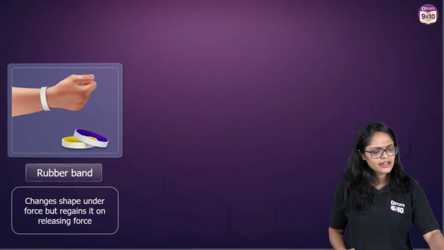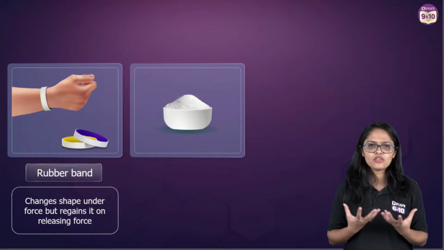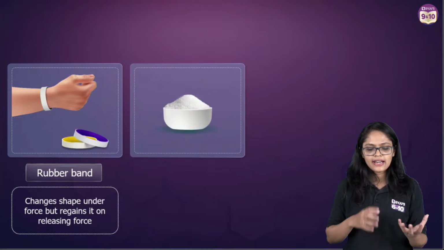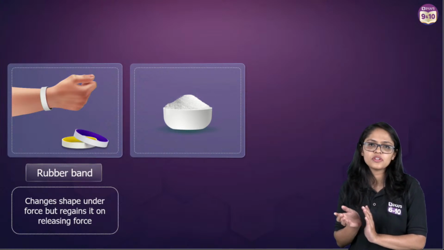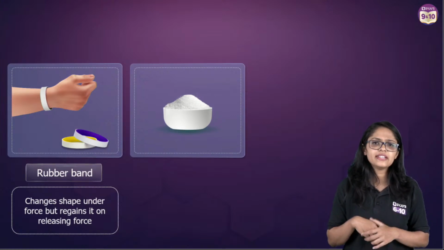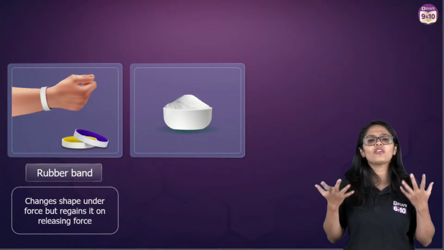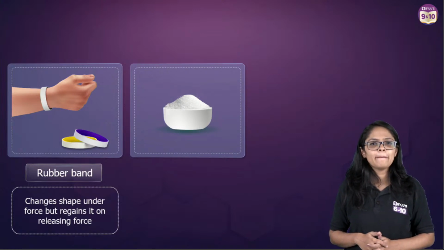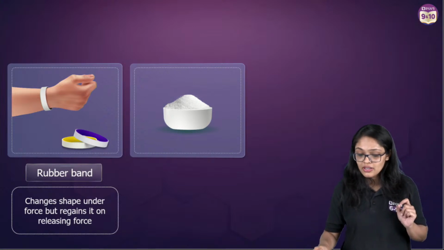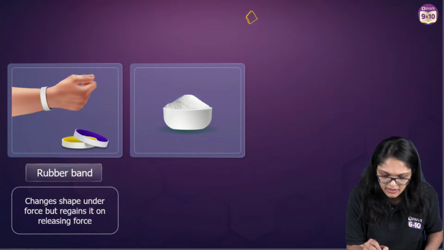Yes. And also, look at sugar. If I have a bowl of sugar and I transfer it into a glass, it takes the shape of that glass. Do you think sugar is solid? Think about one individual sugar crystal, right?